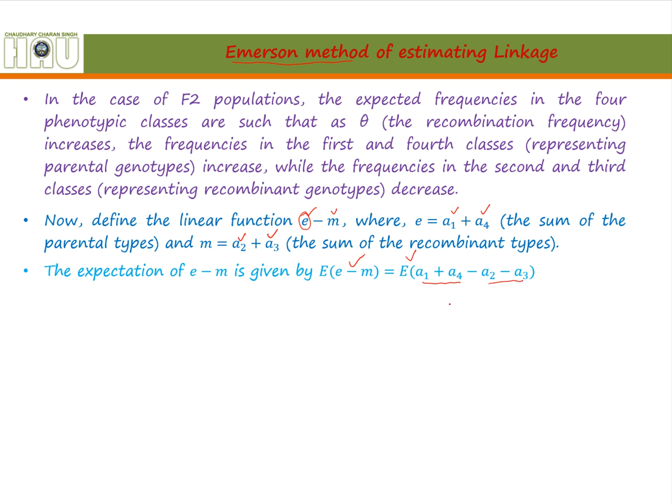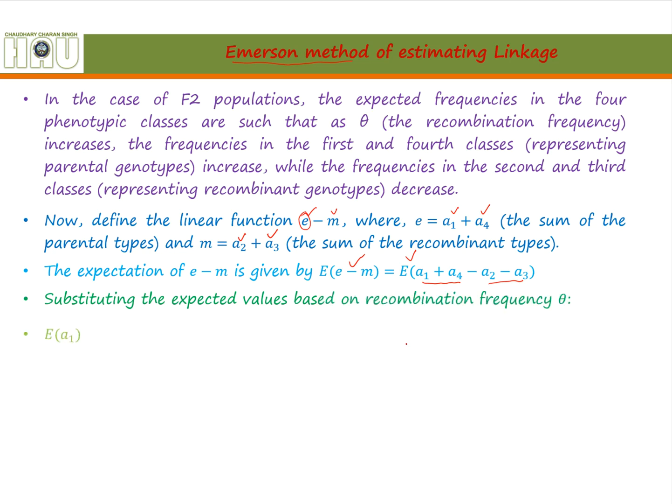And if I substitute these expectations here, then what will I get? Expected value of A1 is, as usual, 2 plus theta by 4 into n. Expected value of A4 is theta by 4 into n. A2 is 1 minus theta by 4 into n. Expected value of A3 is 1 minus theta by 4 into n. If I substitute all these values in this expression, what will I get?